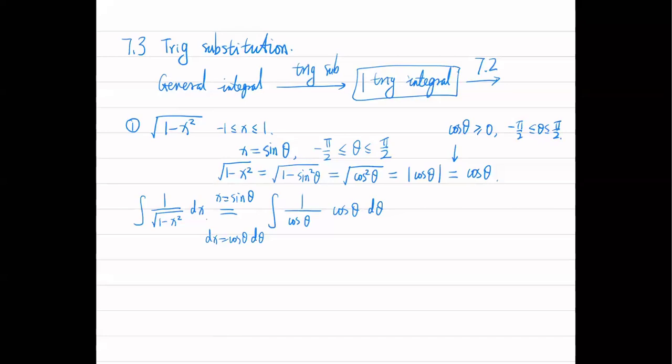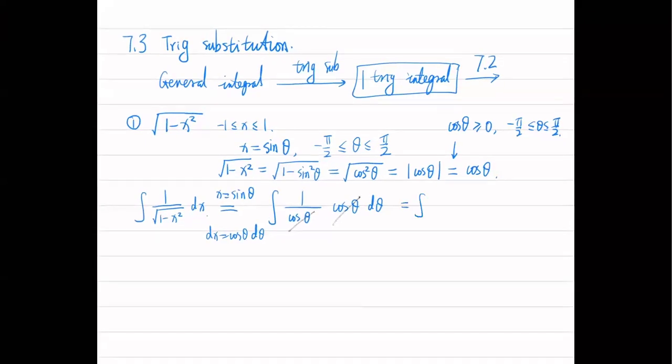Now we have the cancellation. This is the integral of 1 d theta. Okay, so what's the integral? Yes, but now we are using this theta variable, so it will be theta plus c.